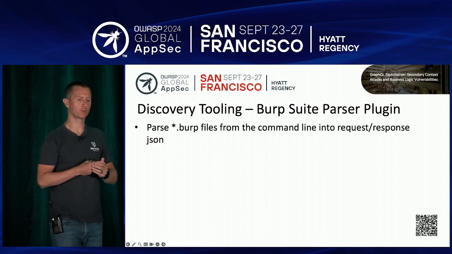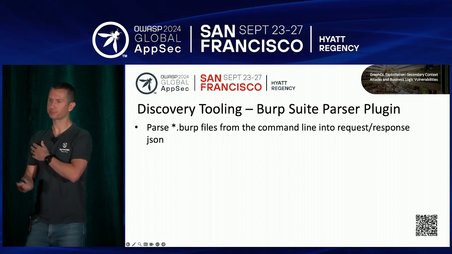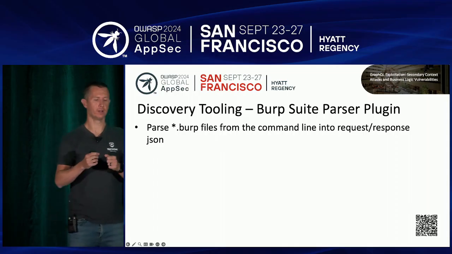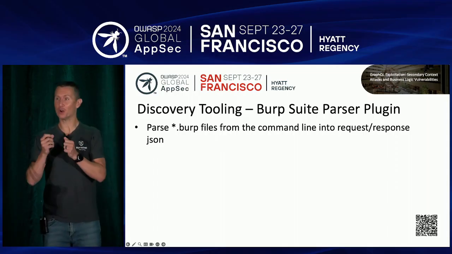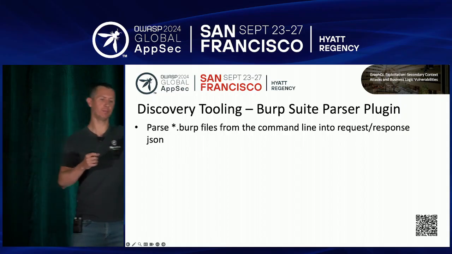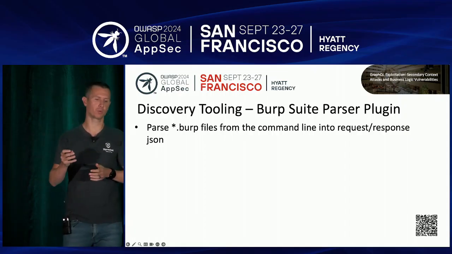A couple years ago, I wrote a tool called Burp Suite Parser Plugin, and I just updated it. I wrote it for this exact scenario where I see a talk, and I know how to add it into my methodology in the future, but I'm curious if I missed it in the past. So what this plugin does is parse Burp files from the command line into request or response JSON.